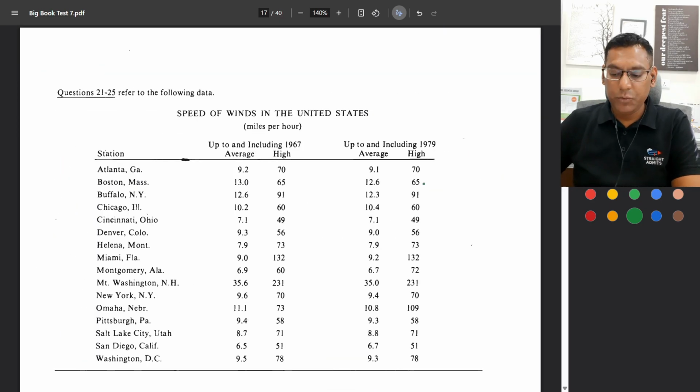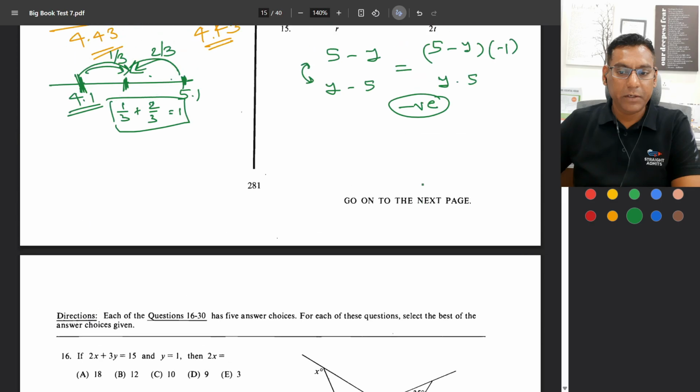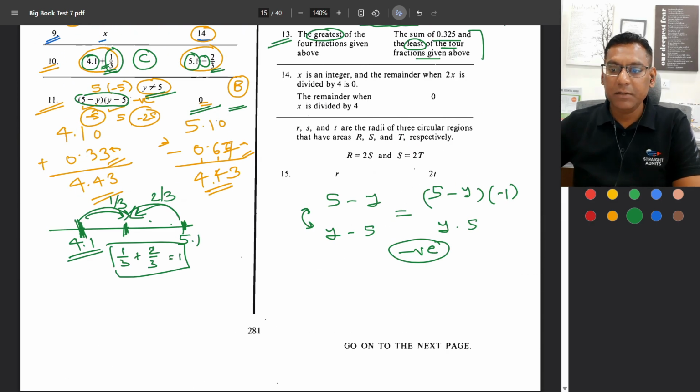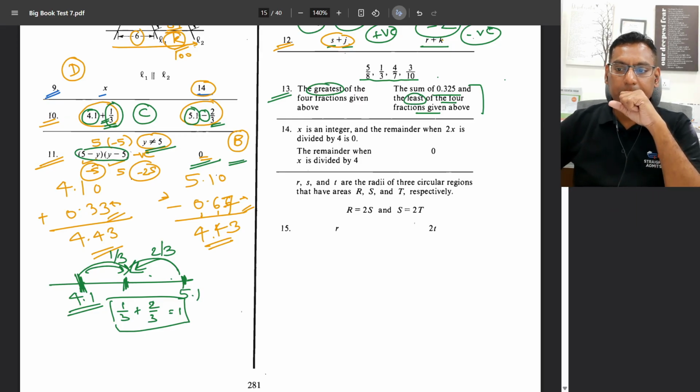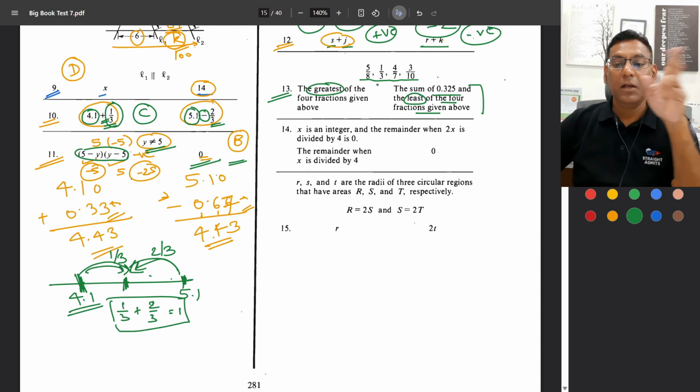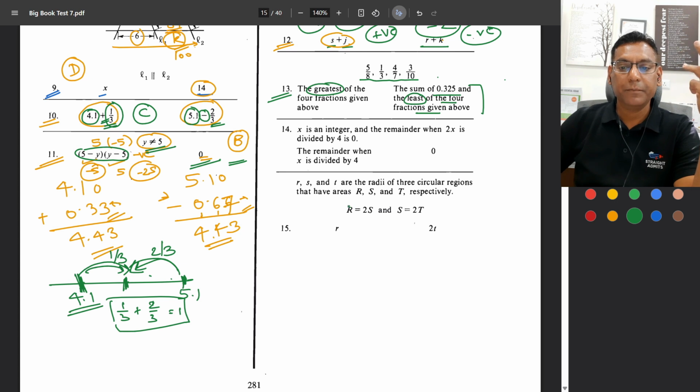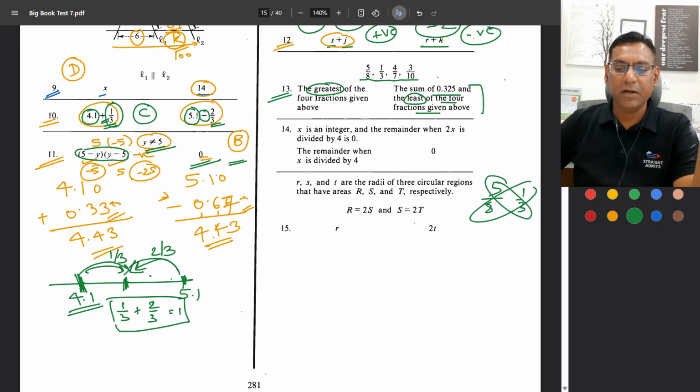Okay, how would you do that? Let me just get rid of this first. Okay, what I'm going to do is, see, if I want to compare two fractions, let's say 5 by 8, 1 by 3, I can always do cross multiplication and figure it out, right?